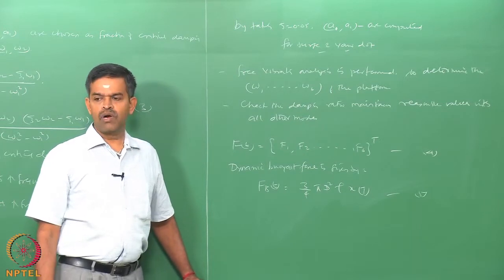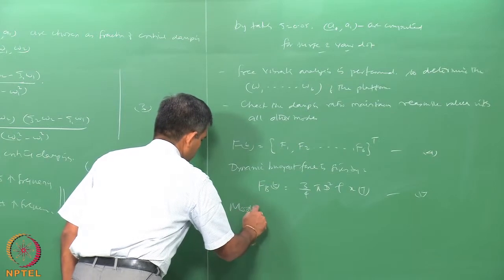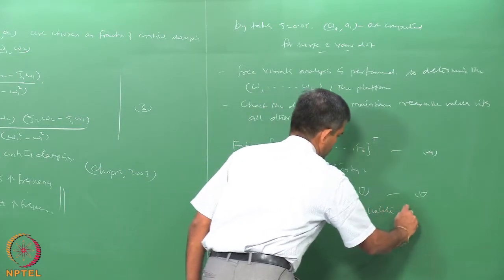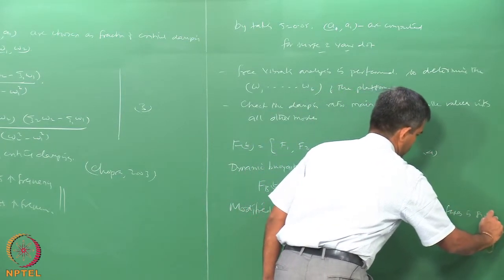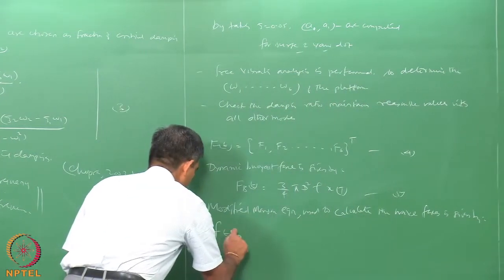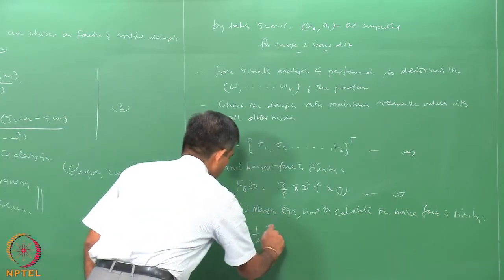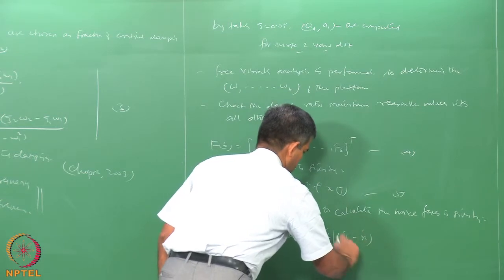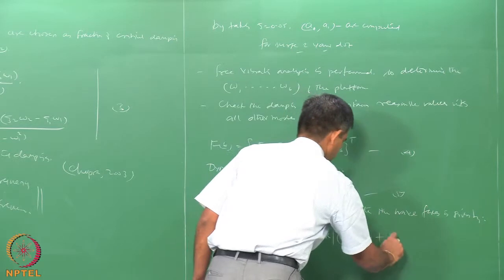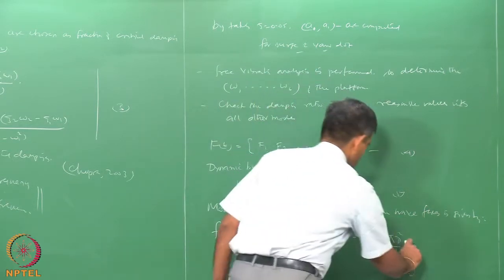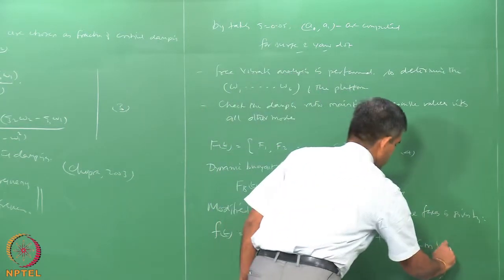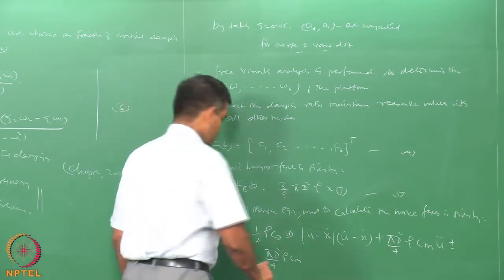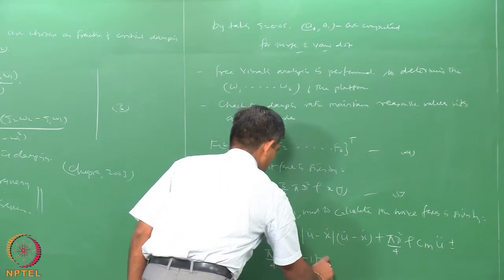Wave forces are modeled using the modified Morrison equation, which is given by f of t, the force per unit length, as pi d square by 4 rho Cm u double dot plus or minus pi d square by 4 rho Cm minus 1 of x double dot.